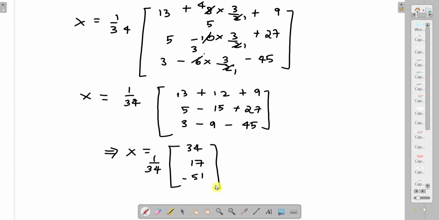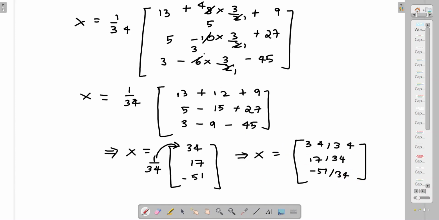Okay. So this will imply capital X is equal to, if we multiply 1 by 34 inside this matrix, we will get 34 divided by 34, 17 divided by 34, and minus 51 divided by 34.